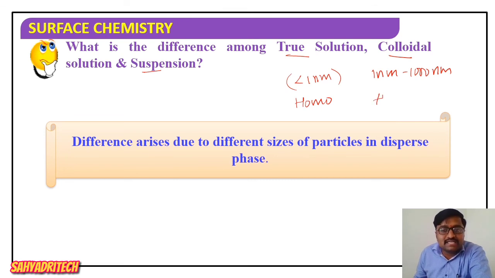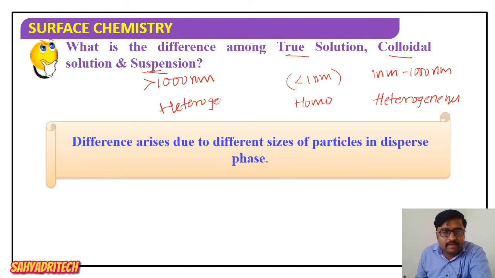It is heterogeneous. Colloidal solutions are heterogeneous mixtures. And the third one, suspension, the size of the particle will be greater than 1000 nanometer, and it is also a heterogeneous system.